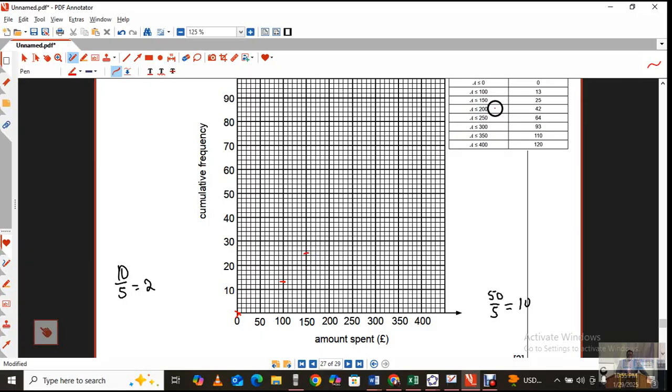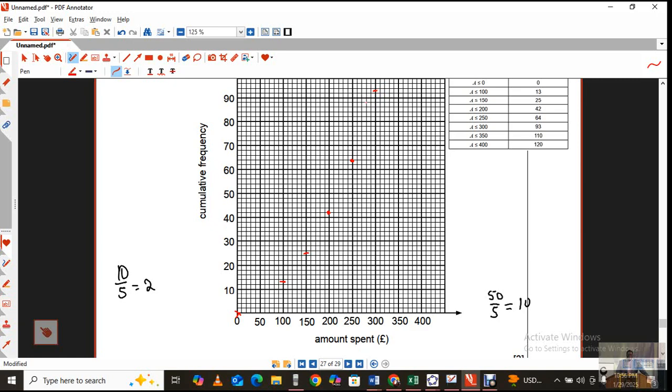If it's 200, it's 42. 200, 40 is there, and 42 will be over there. If it's 250, it's 64. I go all the way up to 60, 62, 64 will be over there. If it's 300, it's 93. 90 is over here, 92, 93 is halfway in the middle there.